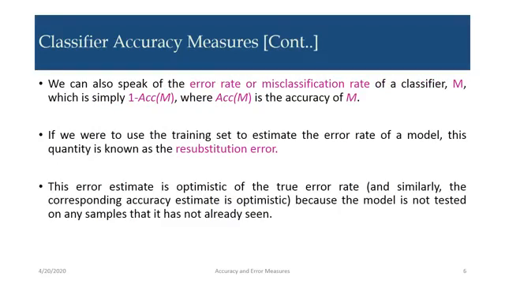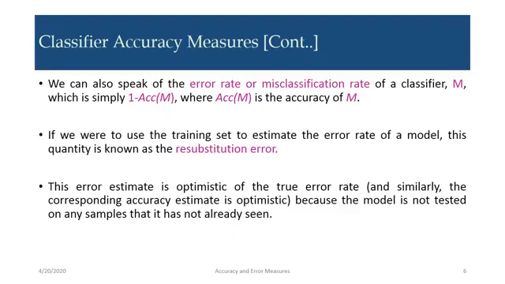We can also speak of the error rate or misclassification rate of a classifier M, which is simply 1 minus the accuracy of M. Suppose M is a classifier which will help you to classify the tuples, where we are applying the testing tuples. The error rate can be calculated by 1 minus accuracy of M, where accuracy of M is the percentage of tuples that your classifier classifies correctly.